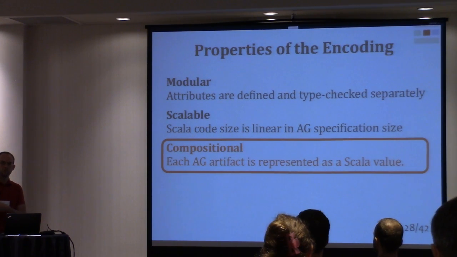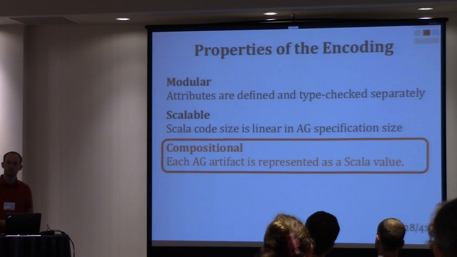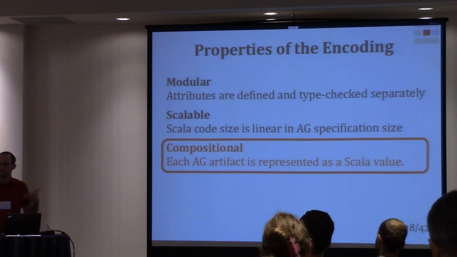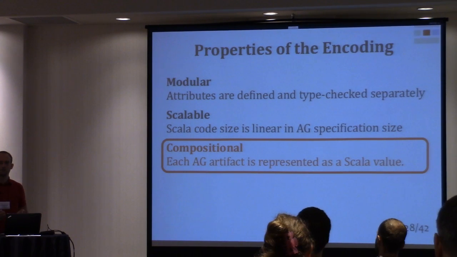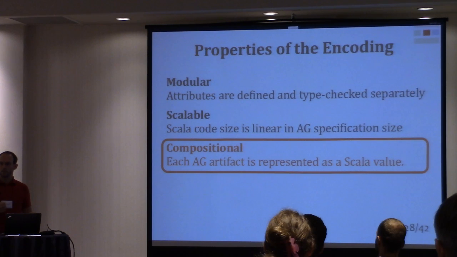So for example, if you want to have a list in your grammar, like a list of statements or a list of expressions, then in attribute grammars, you need to duplicate all the things about lists. But in our encoding, we can talk about that. We can say that we want to have a list of nonterminals in our grammar, and we can say that we want to have list equations, and then we can have an attribute like compute the length of the list, and it works for different lists.